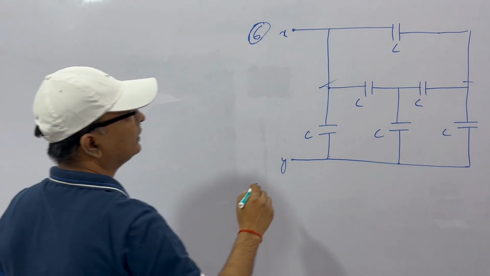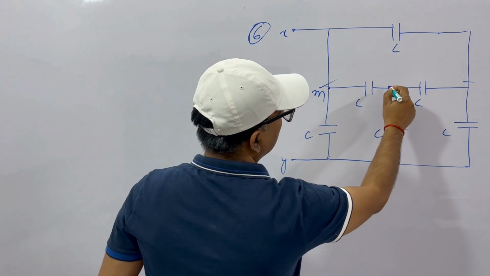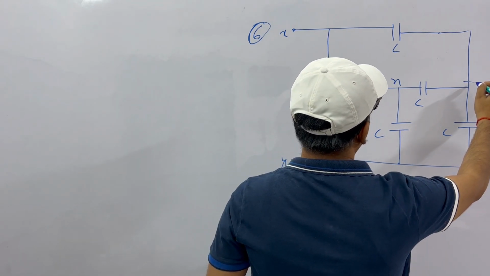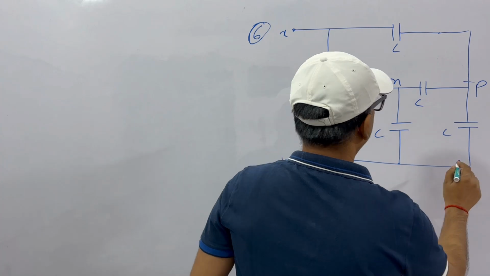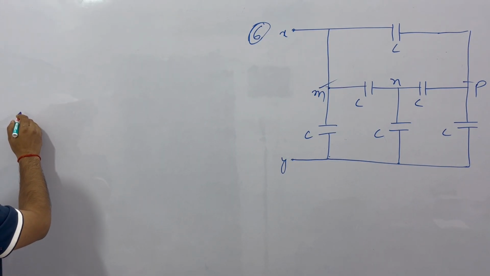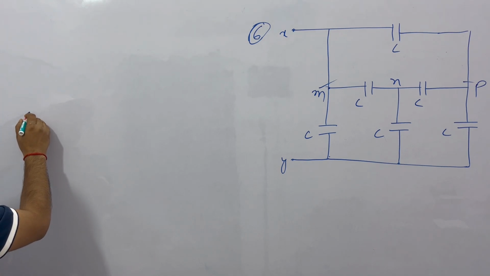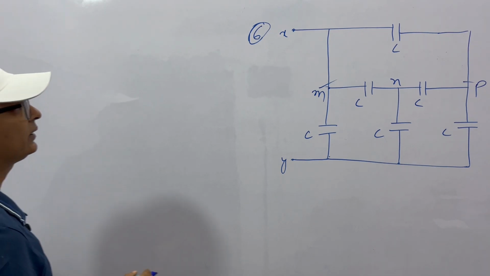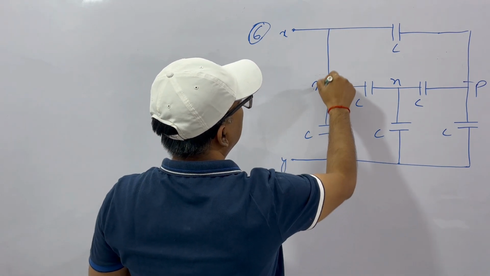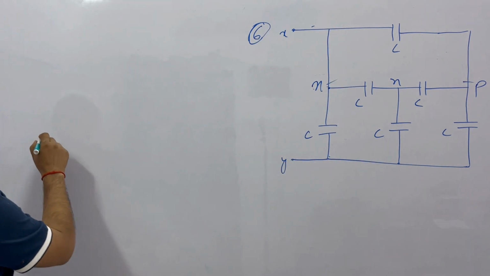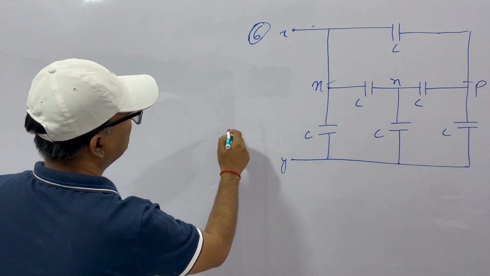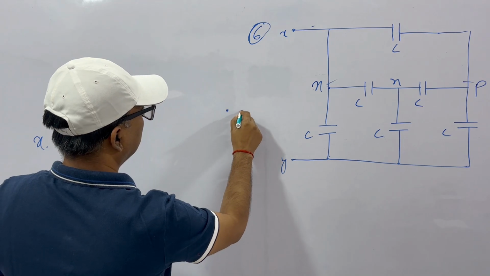Okay, let's say this point is M, this point is N, and then this point is P, this is Y. Okay, so what we'll do, we'll take this point, actually this is not M, this is X only. See, this is X, so this point is X, this is one node. So I am taking this node X. Okay, and then I am taking the other node Y here, this node.